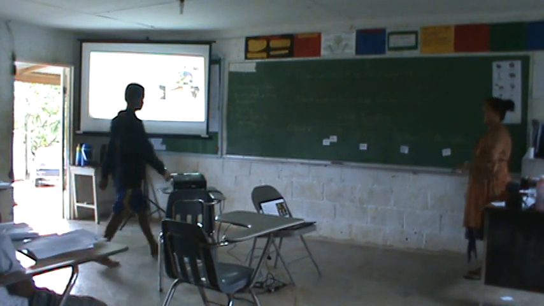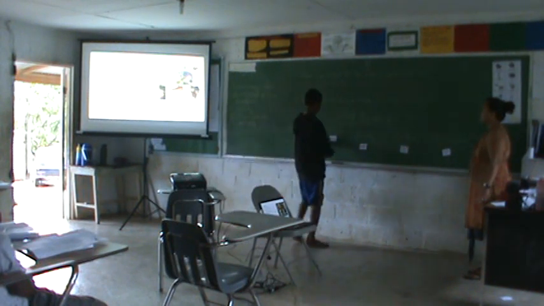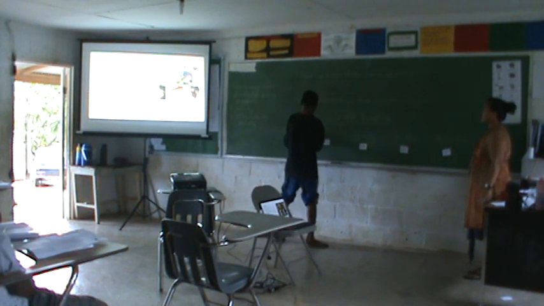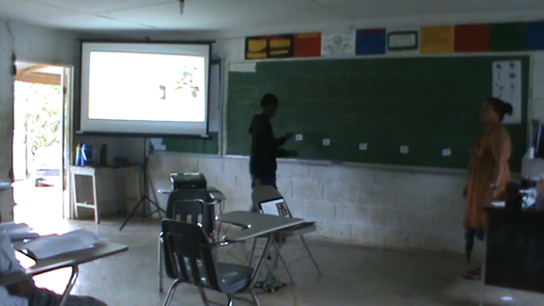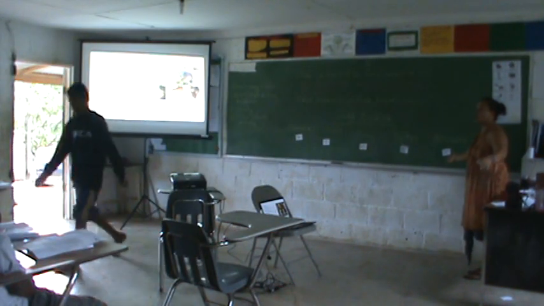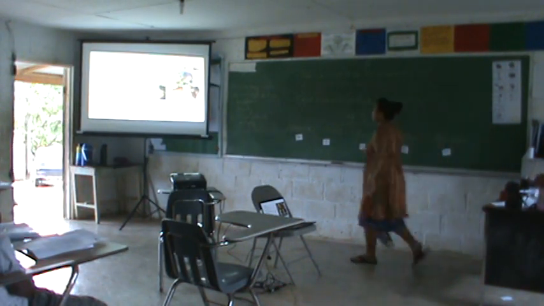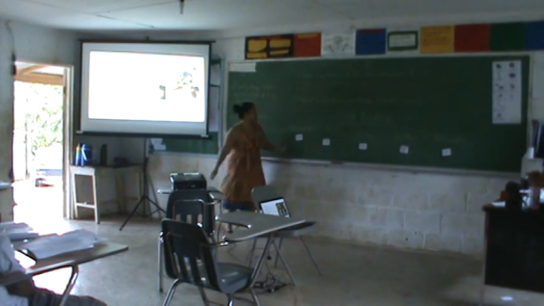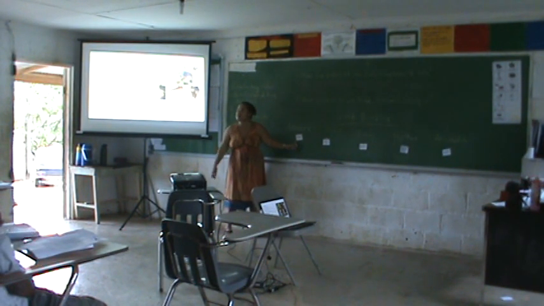Everybody pay attention. So now do you agree? Yes. Okay, let's read it. Monera are the organisms that are unicellular without a nucleus. Look at your note. Is that correct? Yes.